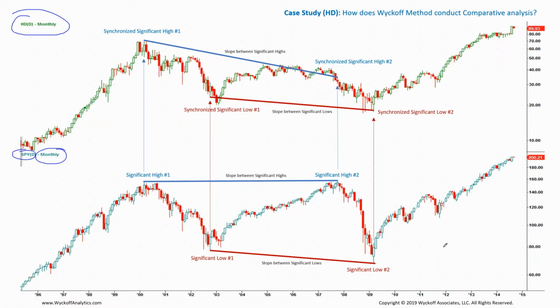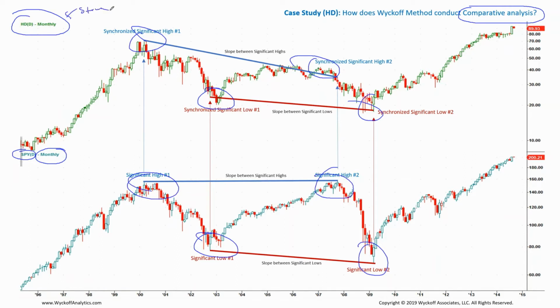The first concept about the comparative analysis is a Wyckoff concept, where he stated that he wants to compare significant lows to significant lows and significant highs to significant highs, and then compare instruments like a stock and a market proxy, and say that at this significant high the stock is stronger, and at this significant low, let's say the market is stronger, and to see that relationship of strength at those significant highs and lows.